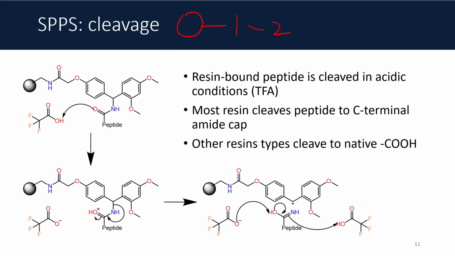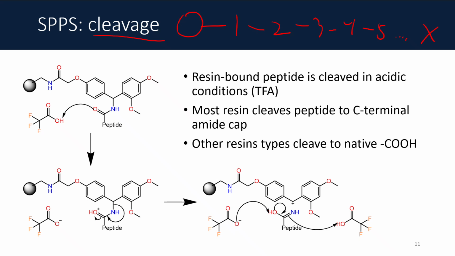Then we deprotect it, rinse out the junk, and do the third, the fourth, the fifth, until however many amino acids we deem necessary, until we have our peptide complete but chemically attached to this solid support that has been helping us rinse off the junk so we can continue. Once we have our desired peptide, it's time to break it off of our solid support through a reaction known as cleavage.